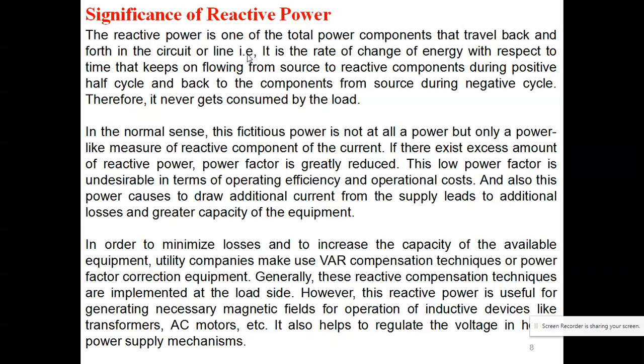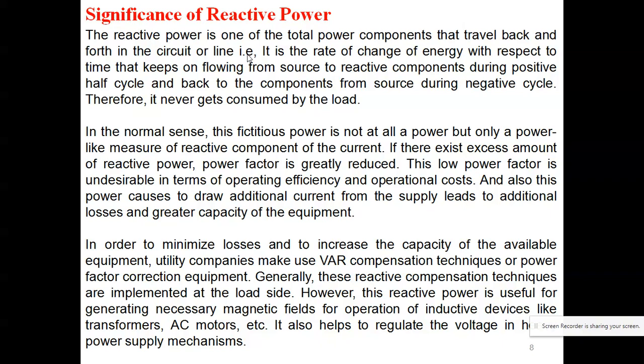Reactive power is the rate of change of energy with respect to time that keeps flowing from the source to the reactive component during the positive half cycle, and back from the component to the source during the negative half cycle. You are trying to understand this.